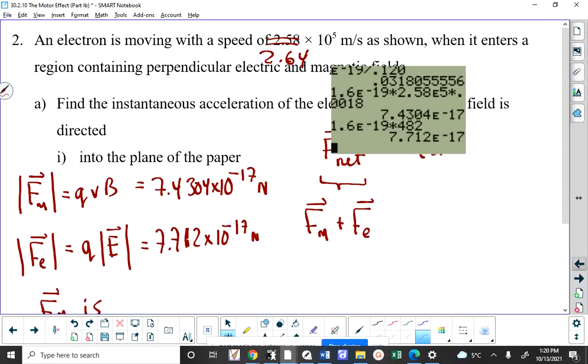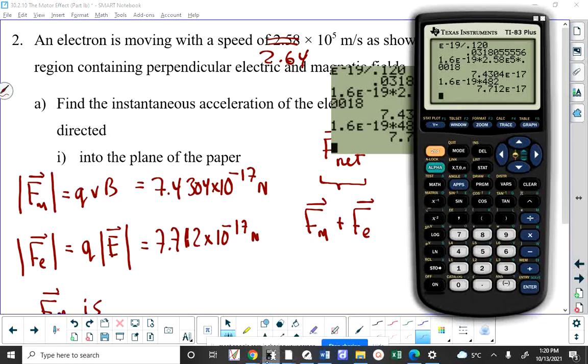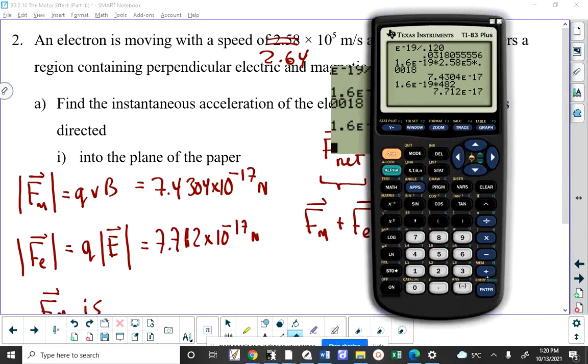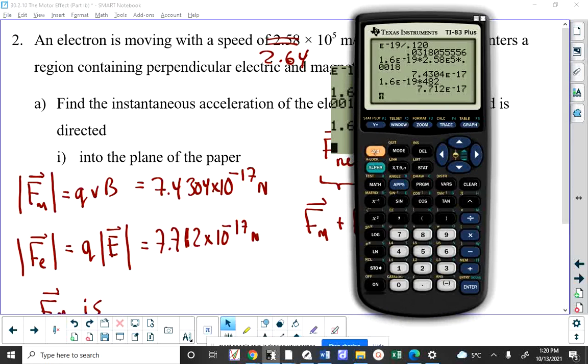It won't, the electric force, you would have got the same number. Okay, good. So I'm going to recalculate, and Makai and anybody else can recalculate as well, the magnetic force using 2.64.